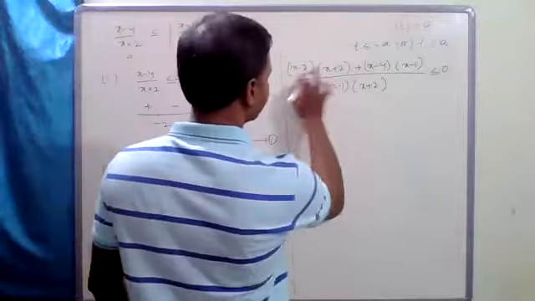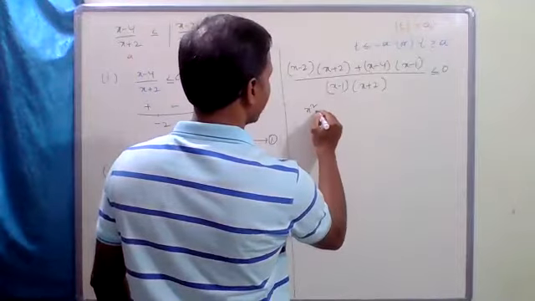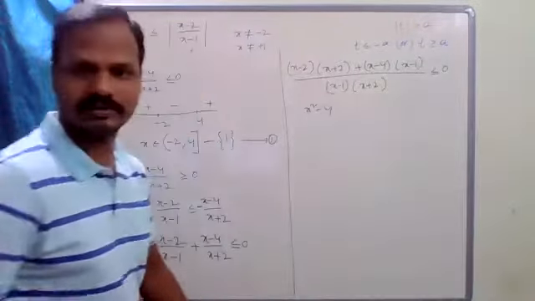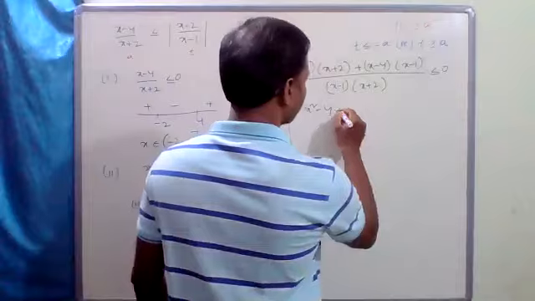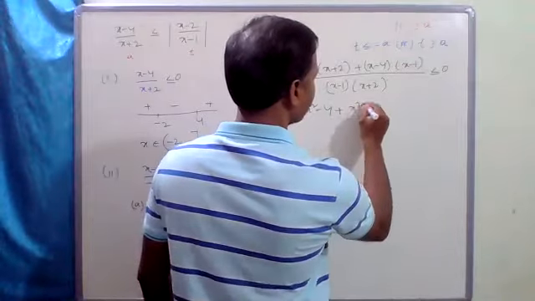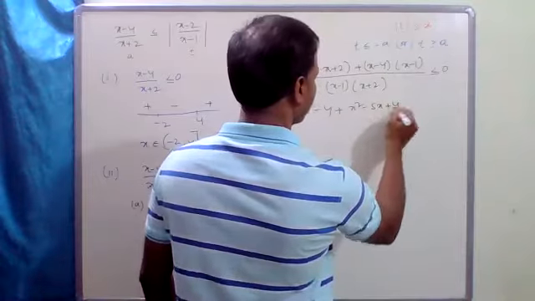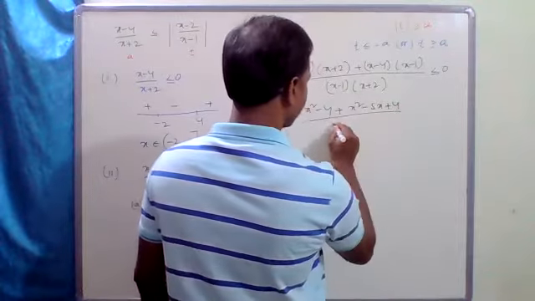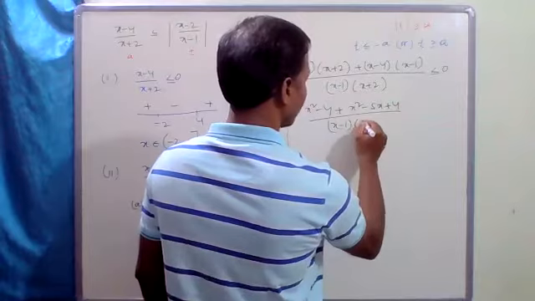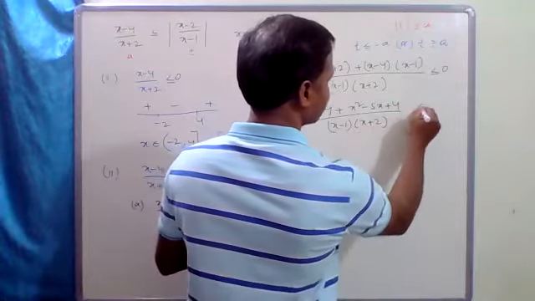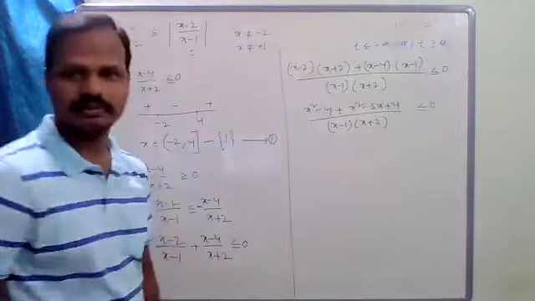Now in the numerator, this is x square minus 4, a plus b into a minus b. Plus x square minus 5x plus 4, by (x minus 1) into (x plus 2), is less than or equal to 0.